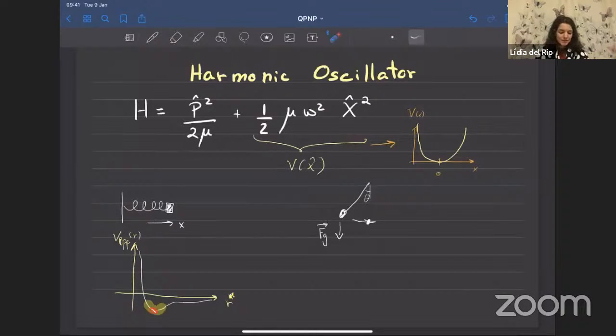Now, if you have, for example, 2 atom molecules, maybe sharing an electron, complicated, but if you have some kind of electric force between them, then the effective potential looks like this. They will want to be in the zone where the maximum of the absolute value of the wave function will be around this area, which means the particles want to be more or less at this distance from each other.